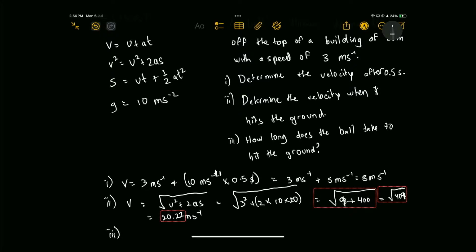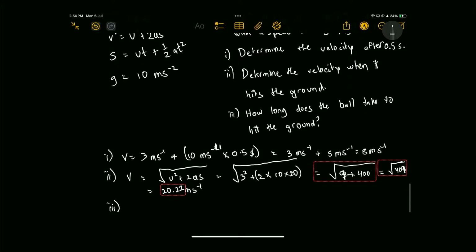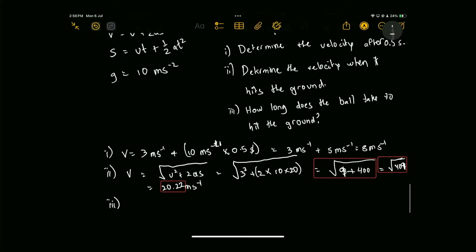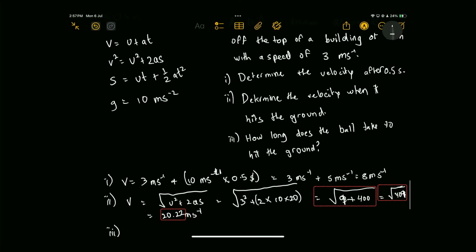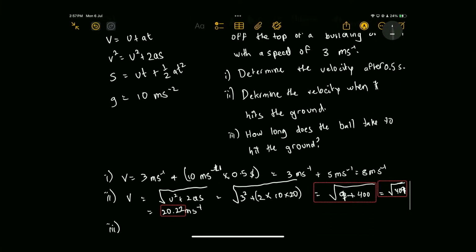So to calculate part 3, the safest thing to do would be to use this third equation here. Well, we could use the third equation, but it actually is simpler to use the first one. So let's just use the first equation.